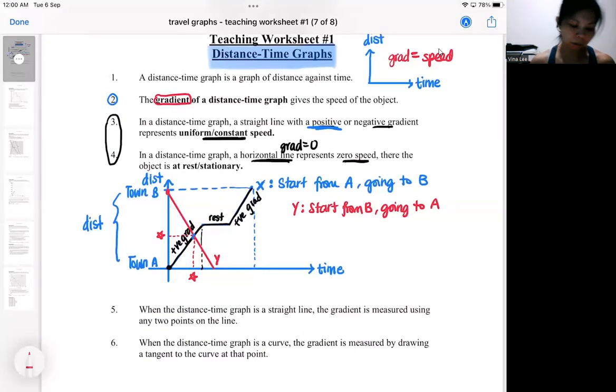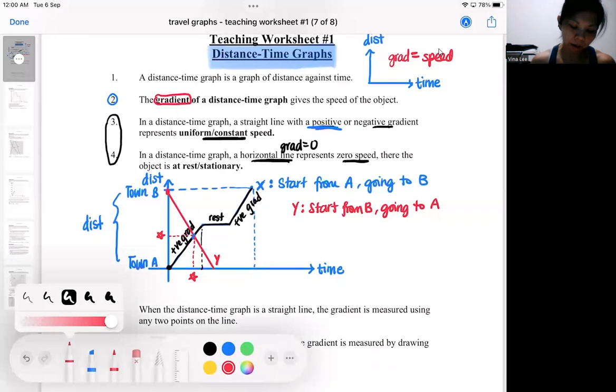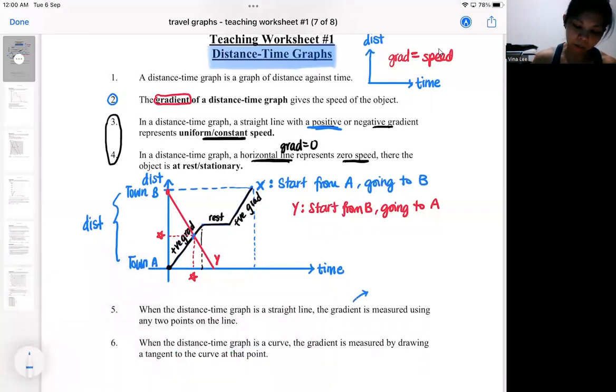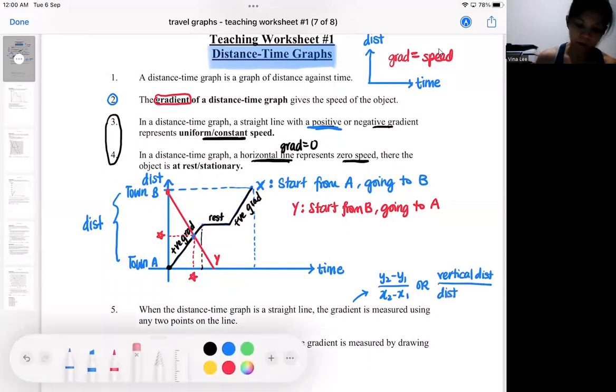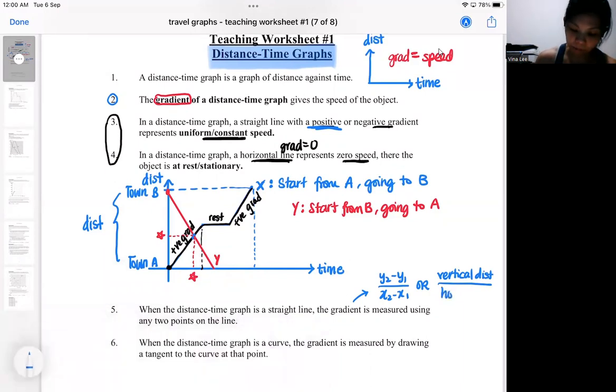You can use the usual gradient formula that you are used to. You can use the coordinate formula, but you must formulate the coordinates, or you can take the vertical distance over the horizontal distance.